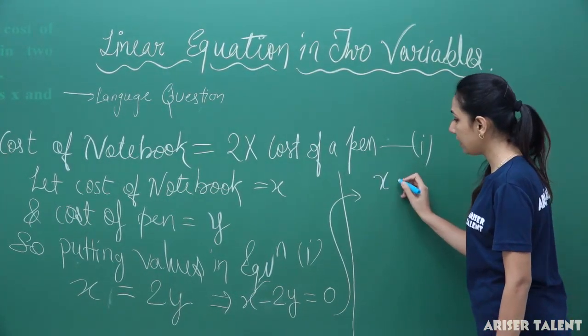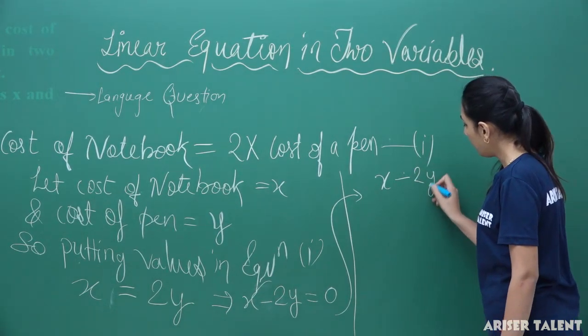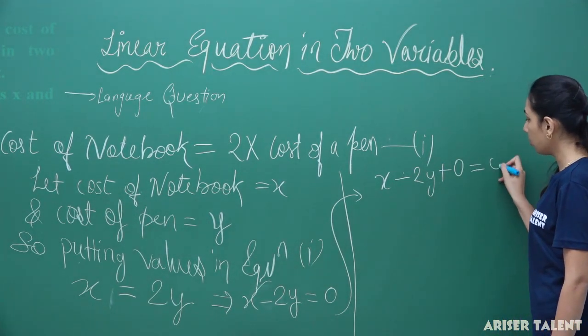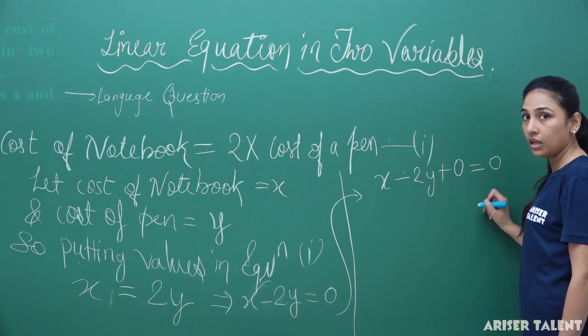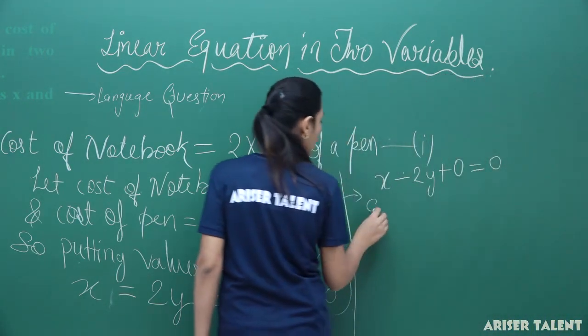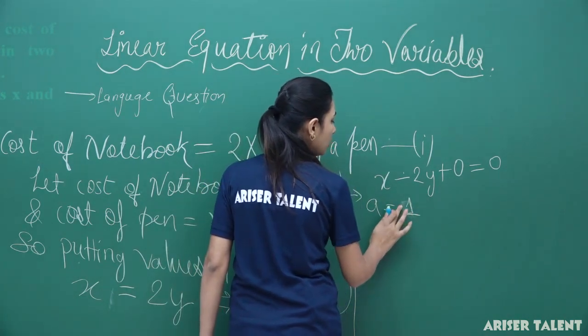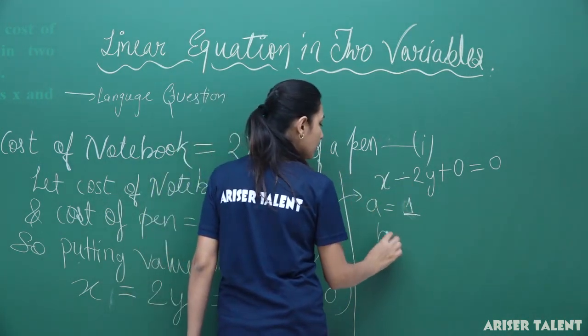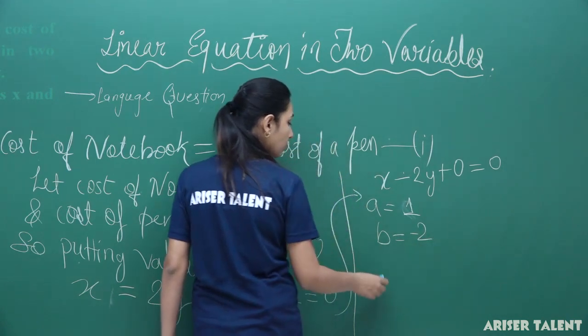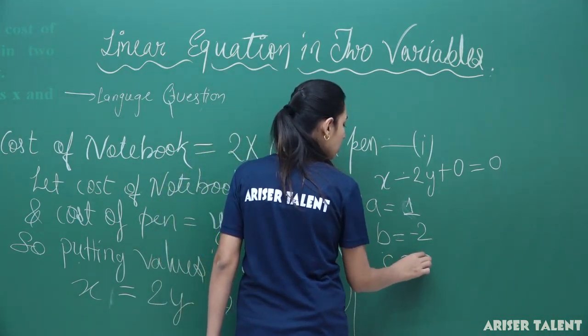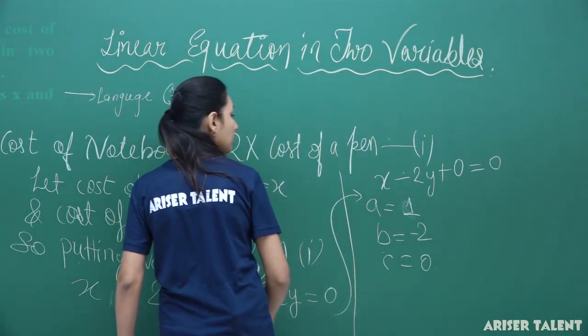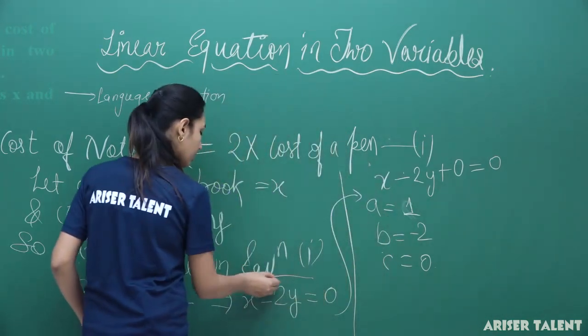Here I will write x minus 2y plus 0 equals 0. This can also be given. Now the value of a is equal to 1 here, b equals minus 2 and c equals 0. So this is the basic equation.